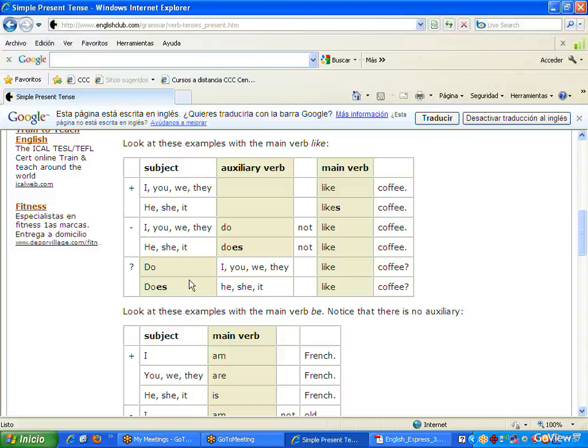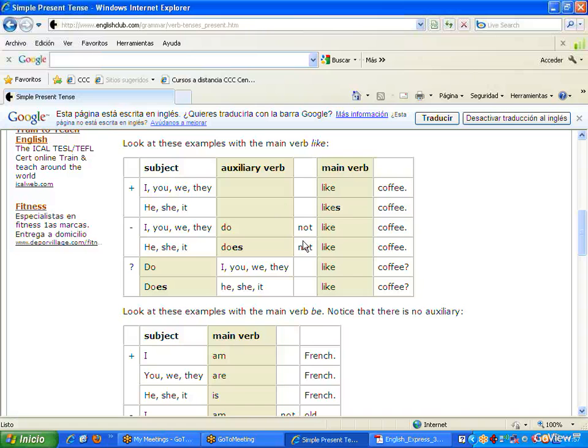So, do you like coffee? No. We say no. I do not like coffee. Or she does not like coffee. Okay? So we're using the auxiliary verb.